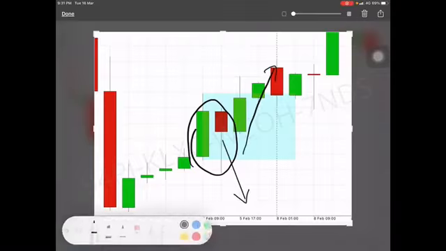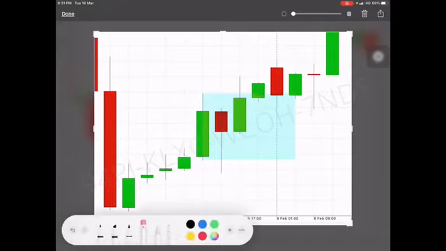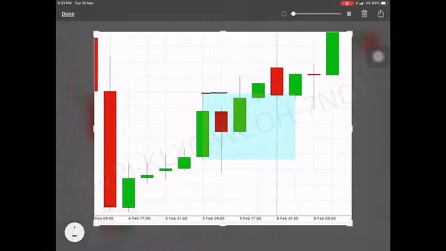Why? Because if you look closely at the marking, you will see that the upper part of the shadow has not been consumed completely. The lower shadow has been consumed and the body has been consumed, but not the upper shadow. Do you get it?